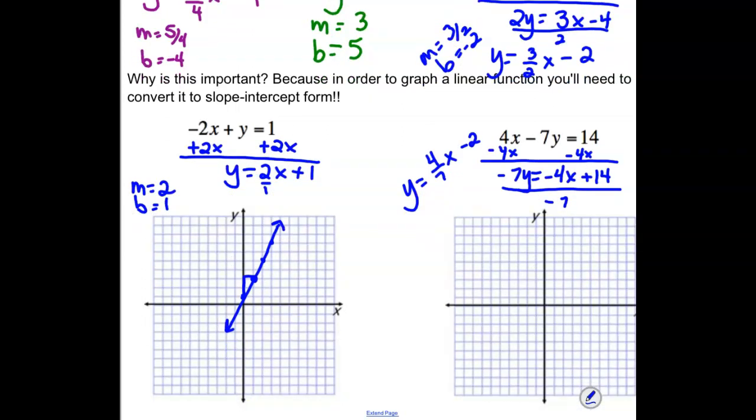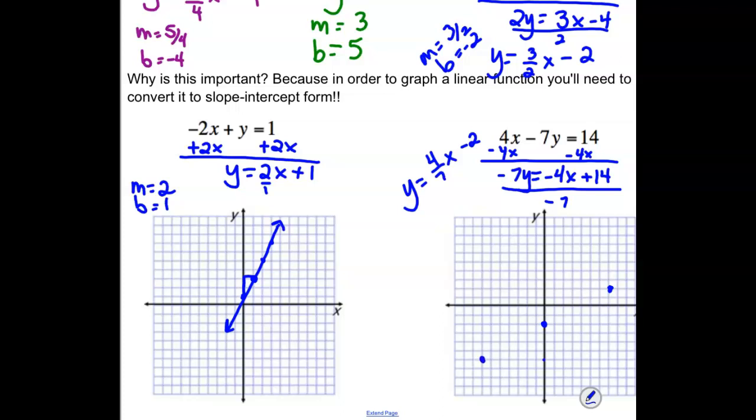So I can start with my y-intercept of -2. And I need to do a slope of 4/7. That means I'm going to rise 4 and run 7. Now typically we put several dots on here to get a nice line drawn. Since I'm out of graph paper on the right side, I can reverse both of those directions. I can go down 4 from my y-intercept and then back to the left 7.